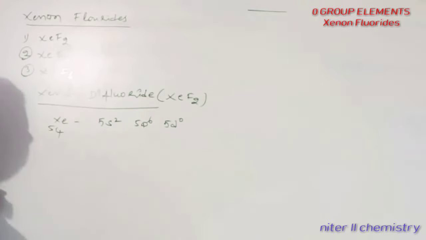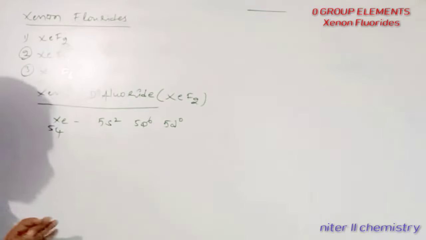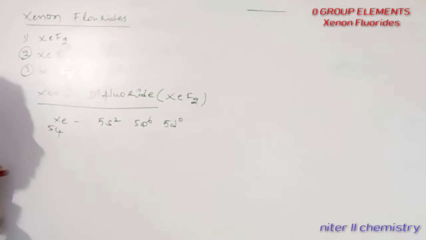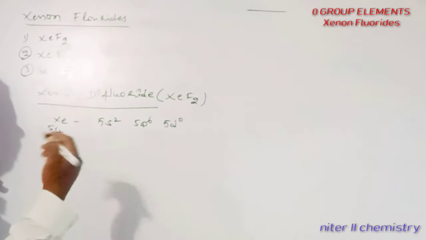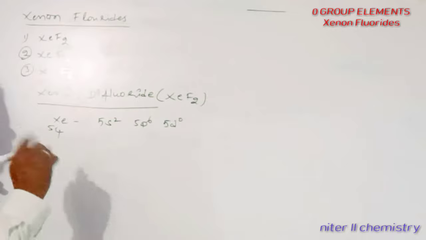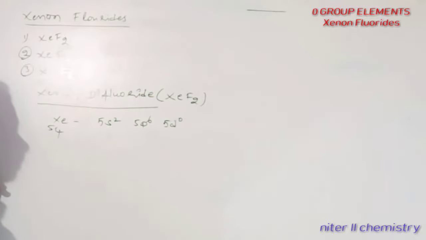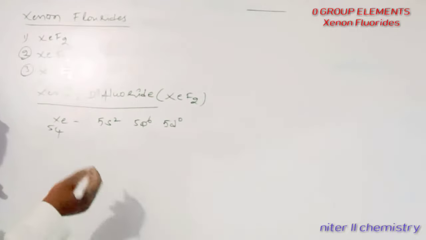So due to this configuration, xenon can't react with other elements, but it can react with highly electronegative atoms like chlorine and oxygen. So that's why it can form chlorides, oxychlorides and oxides.